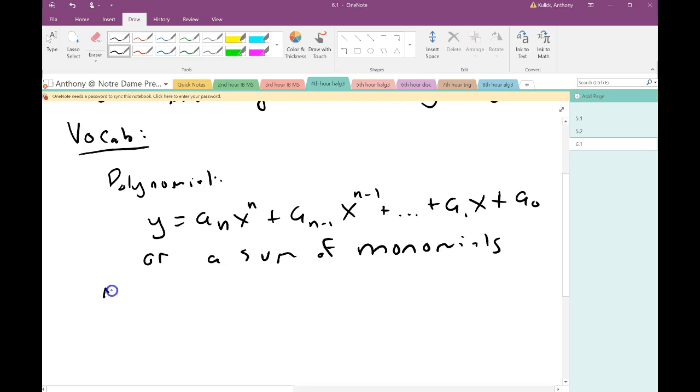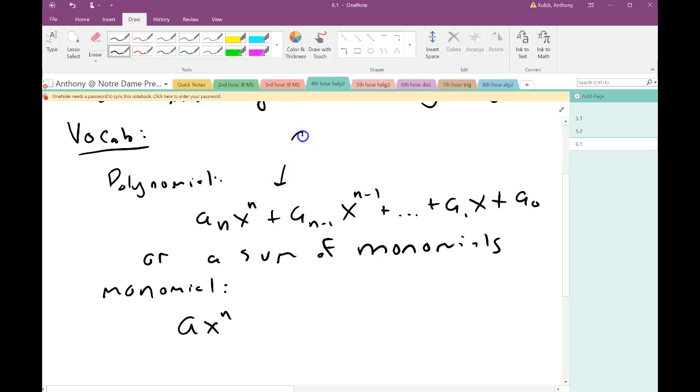And you might say, oh, well, that's garbage. What's a monomial? You haven't defined that. Well, a monomial is just something of this form. We just have a leading coefficient and a variable.